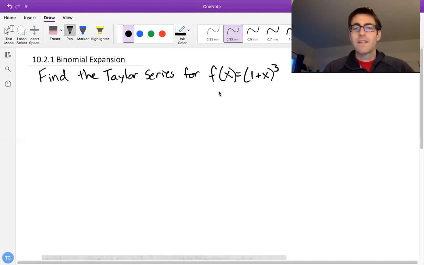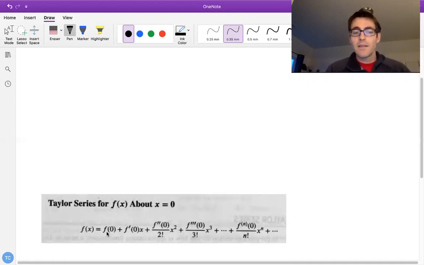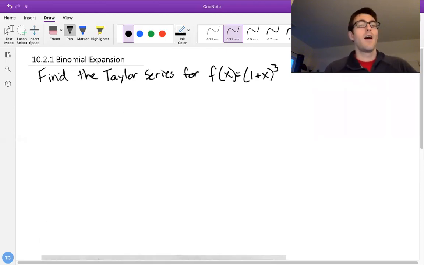Okay. So when I say I want to find the Taylor series for this, in order to find a Taylor series, we need this information. We need the value of the function, the derivative, the second derivative, third derivative, etc. I probably should have also specified here that I want the Taylor series centered at x equals 0.